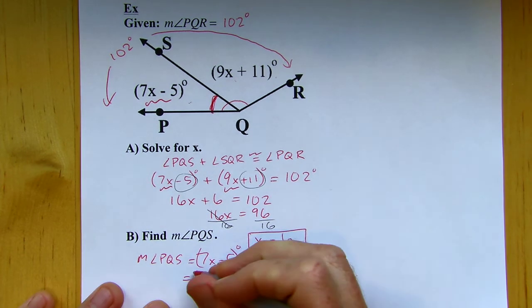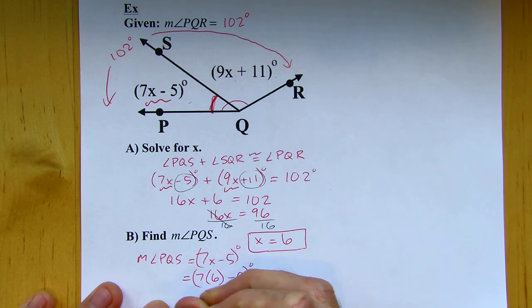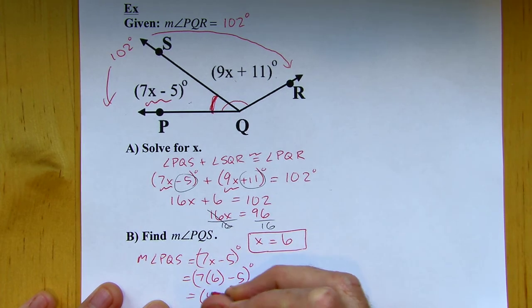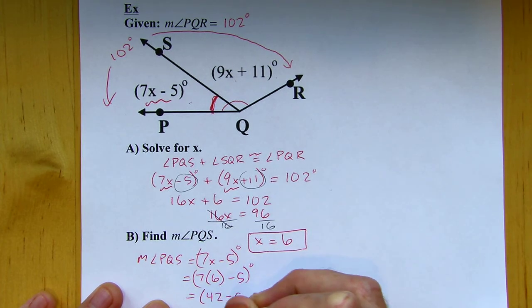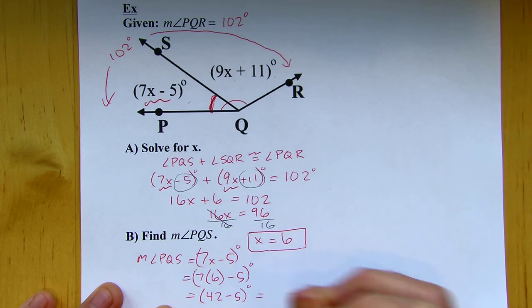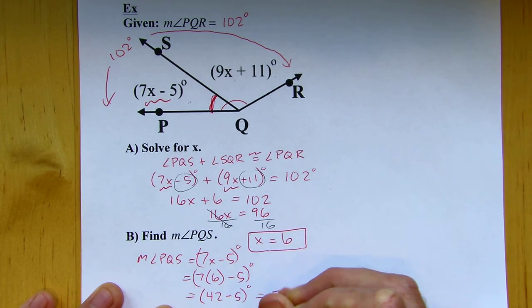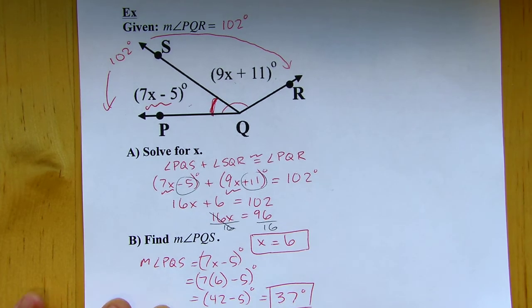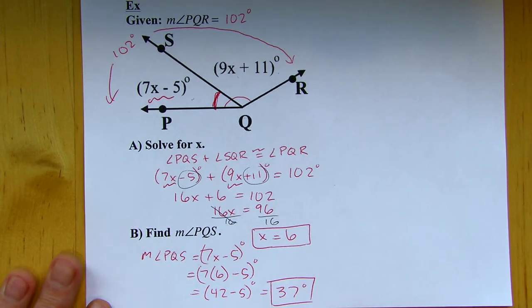My answer here is going to be in degrees. So I've got 42 minus 5, and that's going to be 37 degrees. Okay. So I solved for x, and then I solved for the angle PQS up here.